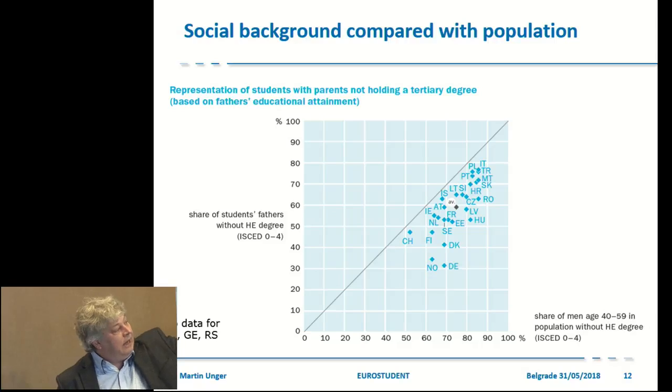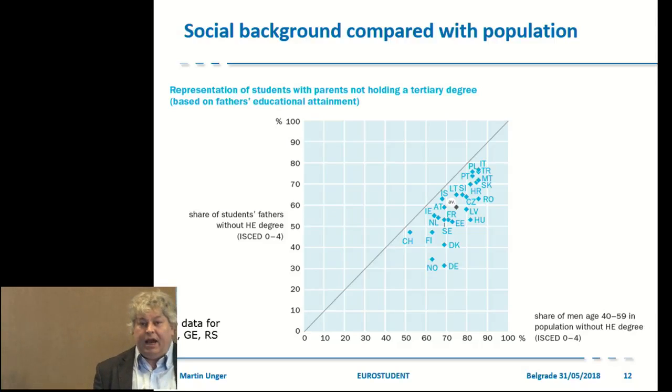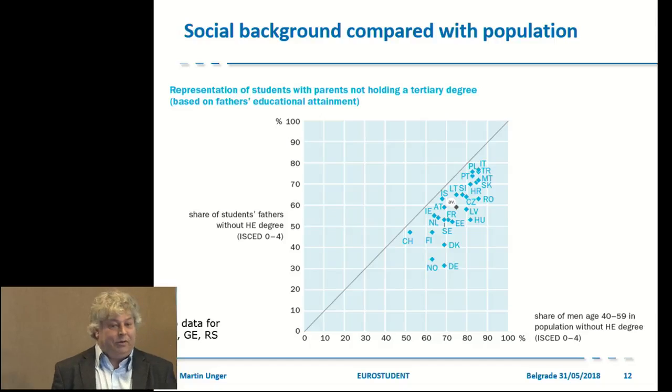And the farther away you are from the ideal line in the middle, the more unequal your system is. For example, you see Germany is far away from this line. That sometimes surprises people. In Germany, they know it already, because in all the PISA studies and so on, they always blamed you as one of the most socially selective systems in the world. So for them it would not be a surprise.